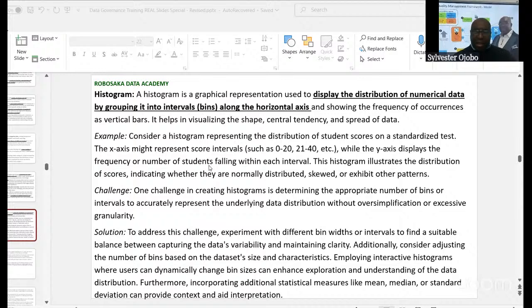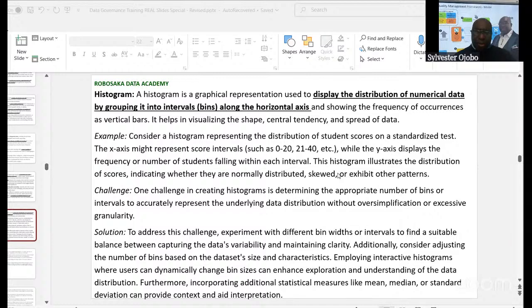The x-axis might represent intervals such as 0 to 20, 21 to 41, while the y-axis displays the frequency, the number of students falling within each interval. So this illustrates the distribution of scores, indicating whether they are normally distributed, skewed, or exhibit other patterns.